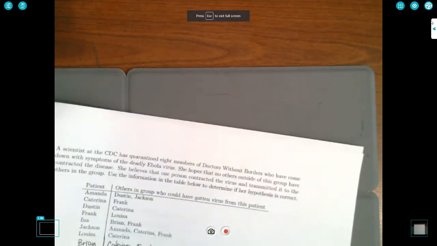So one more example. This one is very important, I guess, for what we're currently living through. It says, a scientist at the CDC has quarantined 8 members of Doctors Without Borders who have come down with symptoms of the deadly Ebola virus.